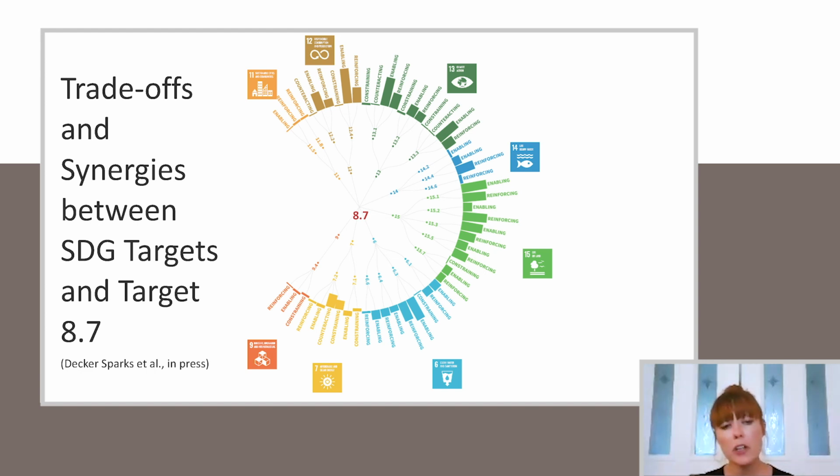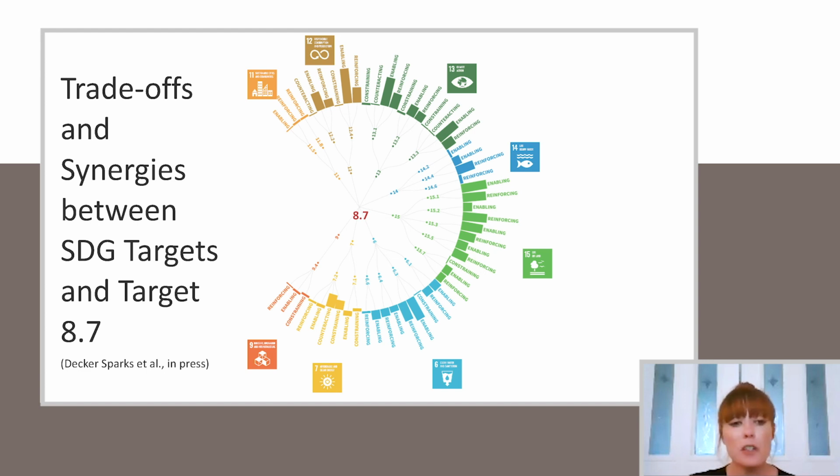We were trying to determine, based on what was reported, if a policy action or intervention was implemented on either the modern slavery side or the environmental side, would we see a synergy or a trade-off? And what would be the strength of that relationship? Would they reinforce each other? Were they primary relationships? Were they secondary or tertiary relationships?